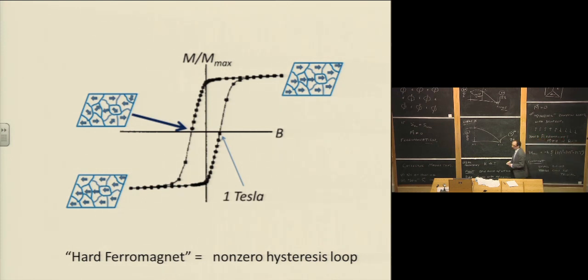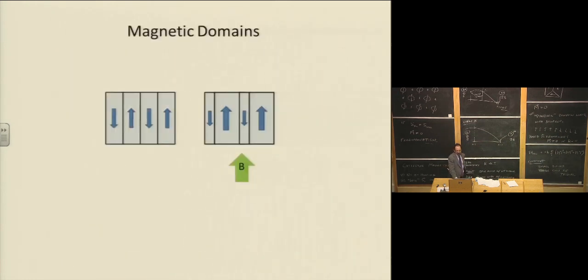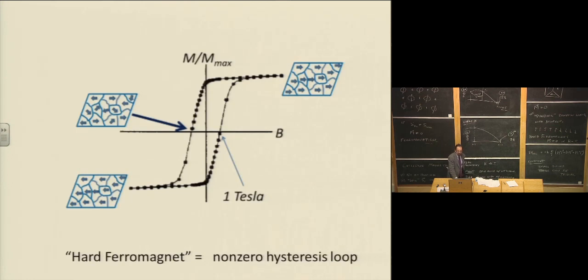We explained how you could get hard ferromagnets by pinning the domain walls, but you can also think about getting hard ferromagnets from having lots of little crystallites. In order to push the crystallites to flip over, you have to give them some coercive field. You have to give them a finite magnetic field in the opposite direction to get them all to flip over. If you just give them a small magnetic field in the other direction, they don't flip over. And this is what gives these magnets hysteresis loops.